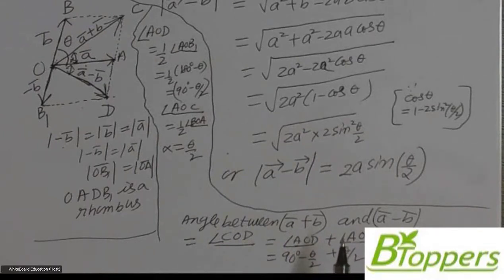So in general, if two vectors A bar and B bar have the same magnitude and are inclined to each other at an angle theta, then the modulus of A bar minus B bar is 2A sin theta by 2. And for any value of theta between 0 degrees and 180 degrees, A bar minus B bar is perpendicular to A bar plus B bar, if the mod of A bar is the same as the mod of B bar.